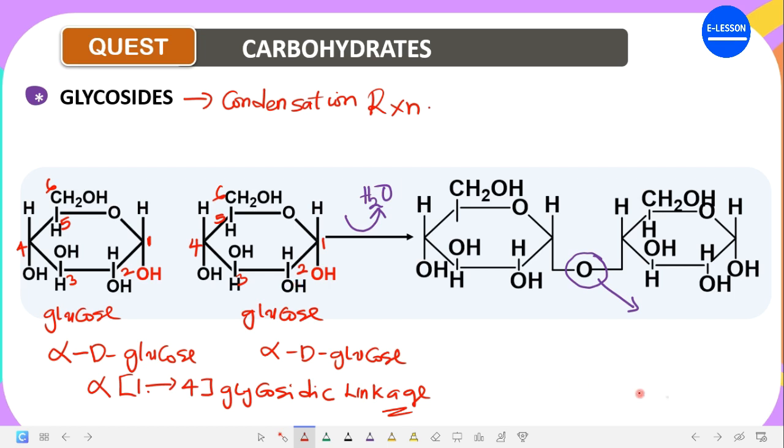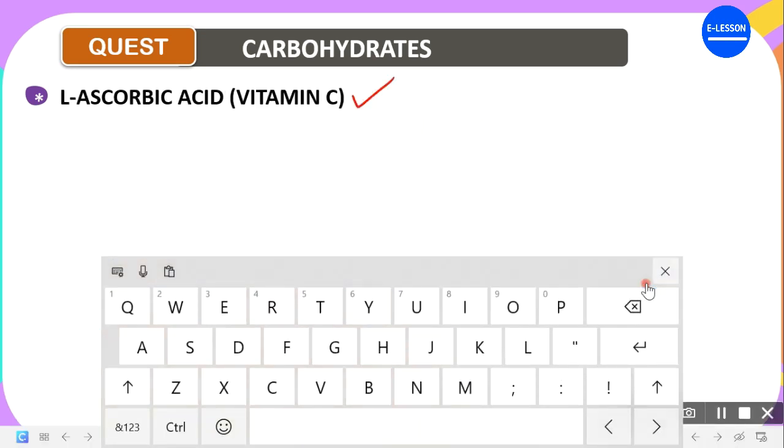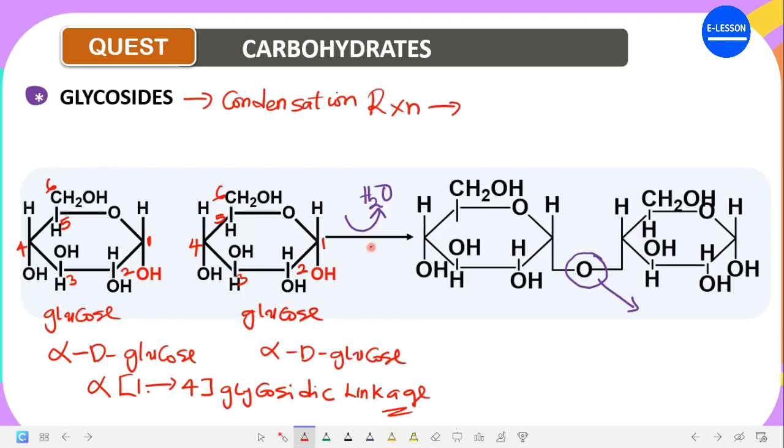Is that understood? Now, assignment number 2. What you are going to do for me is give me 5 physiologically important glycosides. Physiologically important. Okay?